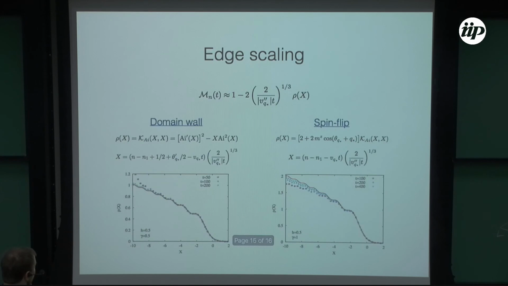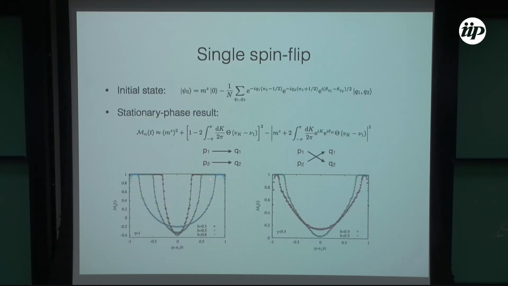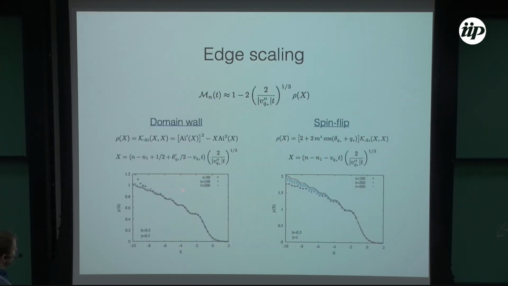Okay? And my final slide is about the edge scaling. Namely, if you consider the domain wall, then it turns out that if you are looking at the edge of the profile, then you have to do a bit more complicated stationary phase calculations. And it turns out that there is another scaling regime, which we have heard already in Jean-Marie's talk, which is described by a different sort of function.